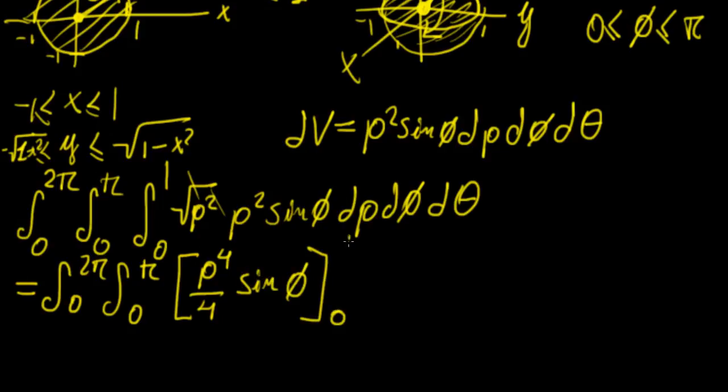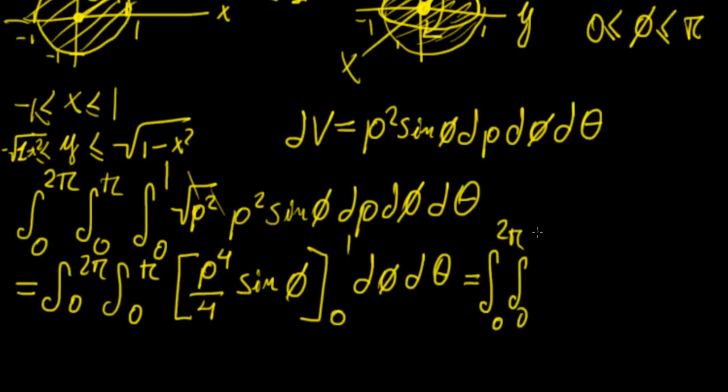That's going to go from 0 to 1, and then d phi d theta. So substitute rho for 1 and 0, so that's going to be 1 over 4 sine phi d theta.